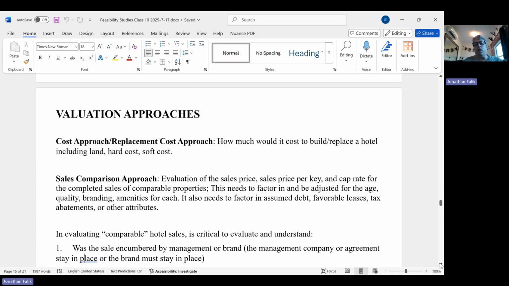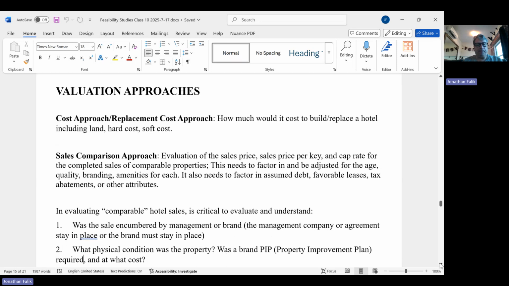And then an appraiser will take the sales comparables and will adjust them for age, physical quality, right, the property condition, any branding, amenities, if there's assumed debt, if there are leases, if there are tax abatements, right? So they adjust upwards or downwards, right, to try and understand how comparable are these other sales to your property.